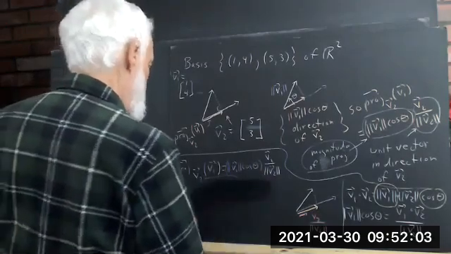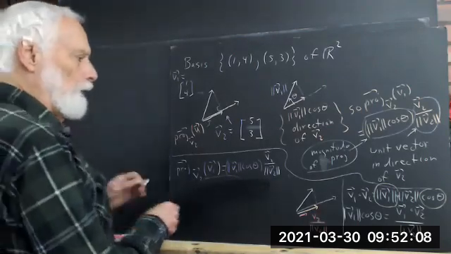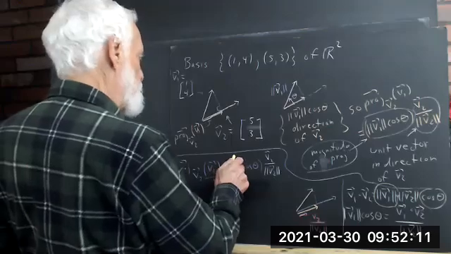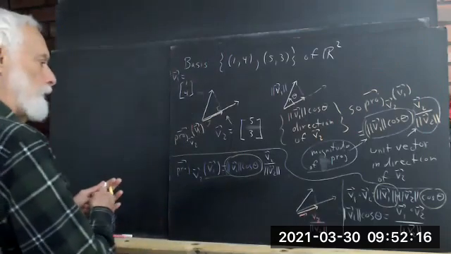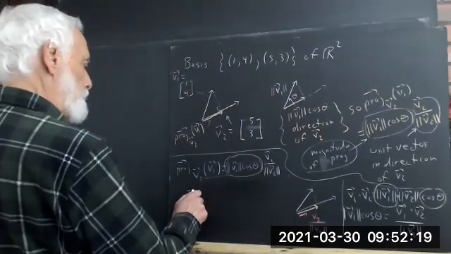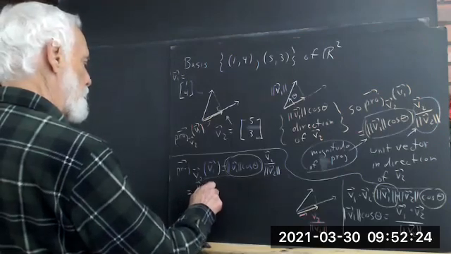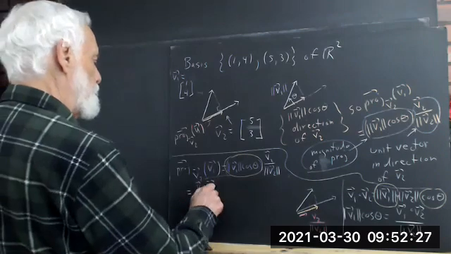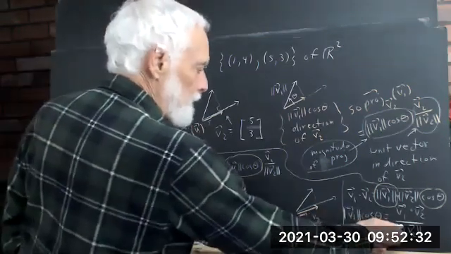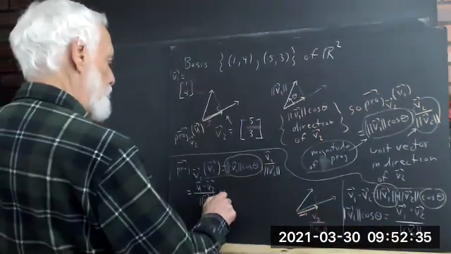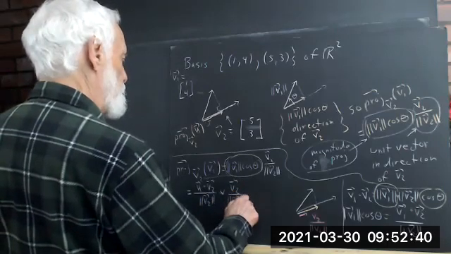And I'm going to say that this magnitude of V1 cosine theta, which we got from here, gives us V1 dot V2 over magnitude of V2, because that is what we get here, times V2 divided by the magnitude of V2.